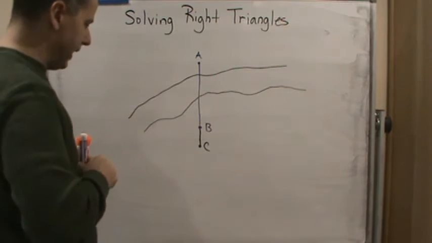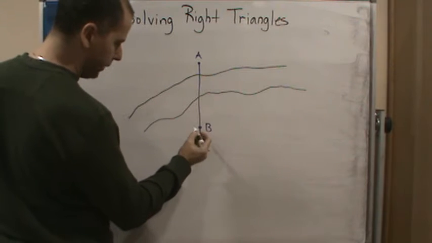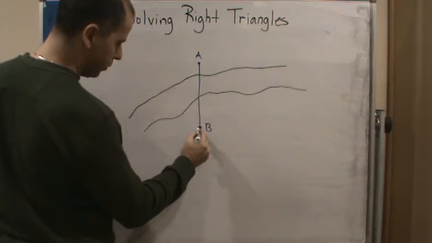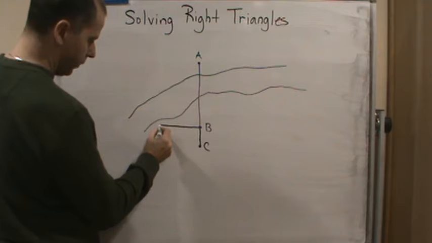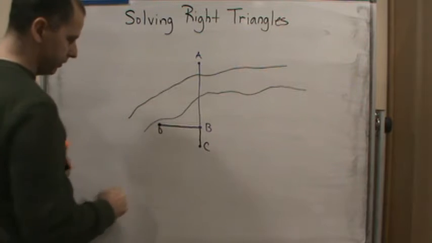Now what they do is they find a perpendicular. They draw a perpendicular line from point B out to some other point, of a certain distance. Okay, let's say right here, and we'll call that D.